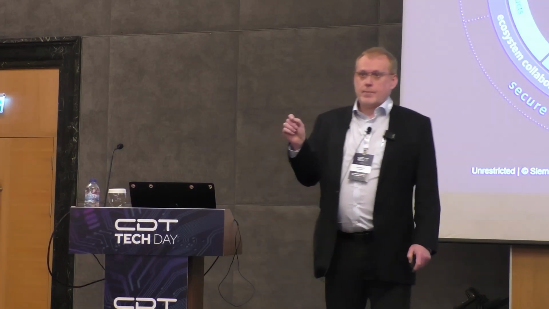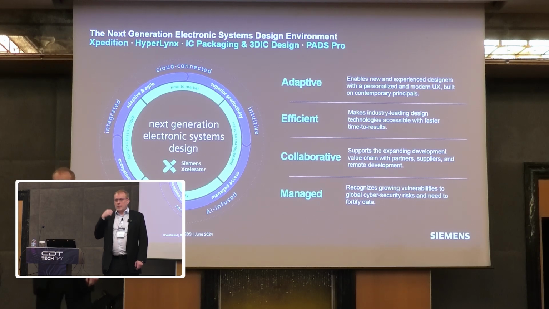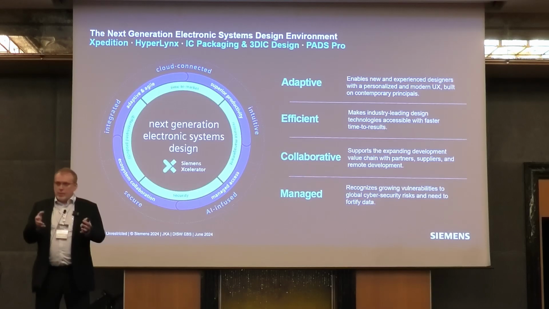That leads to the second point, efficiency. So when we talk about efficiency, it's also related to the experience that the user has and the ability for our tools to see, based on the designs, based on the capabilities that the customer is using, the user, what other functionality would be valuable for this particular user in order to be more productive.